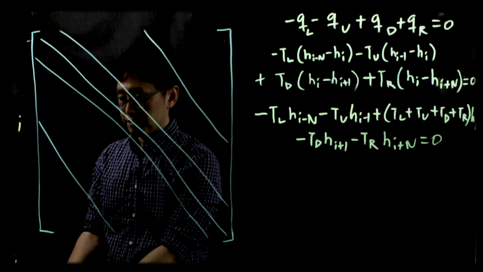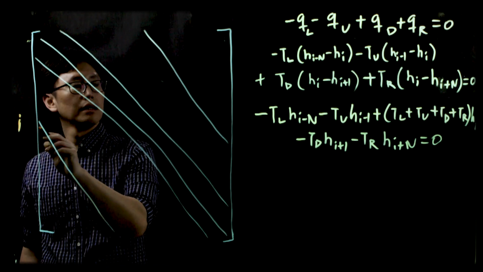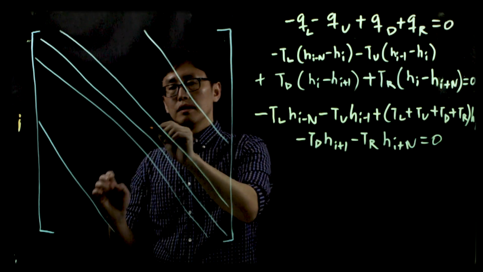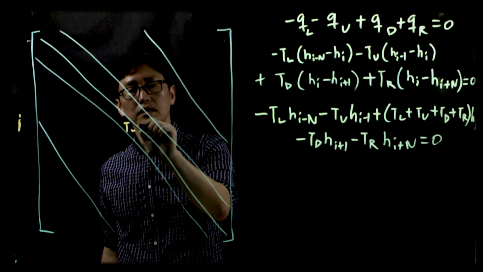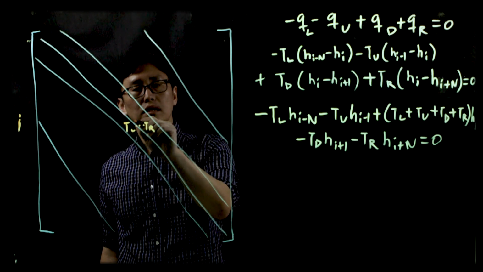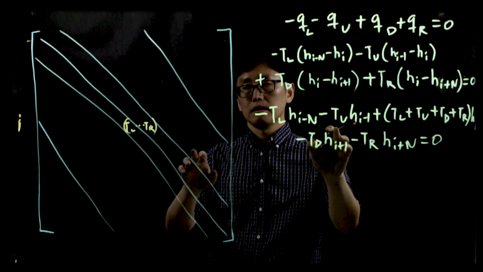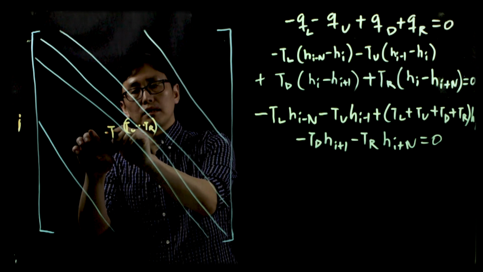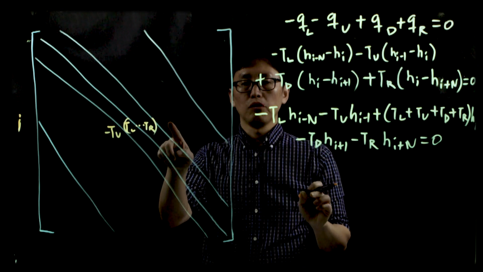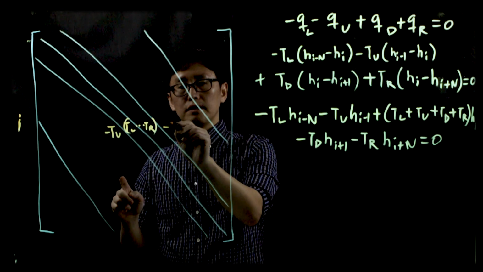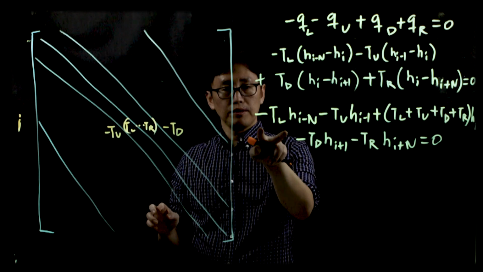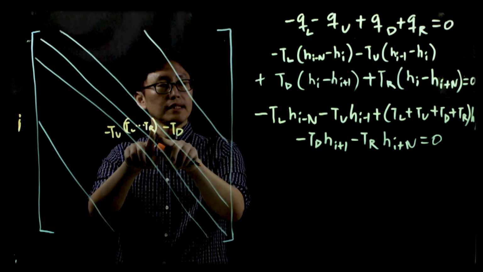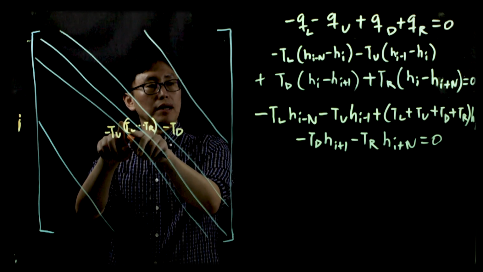And for cell I, the center diagonal term would be this one. Right? And the one off-diagonal term here is minus TU, and the other off-diagonal term here would be minus TD. And we have TL here, and this is corresponding to HI, and this is corresponding to HI minus 1.